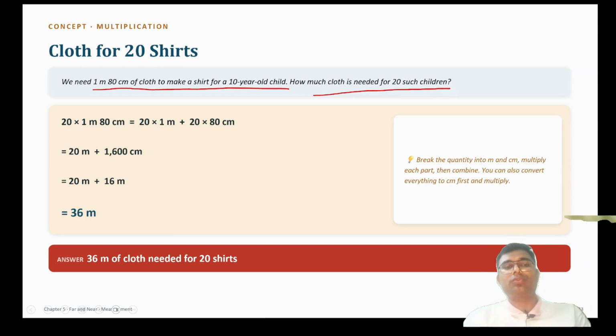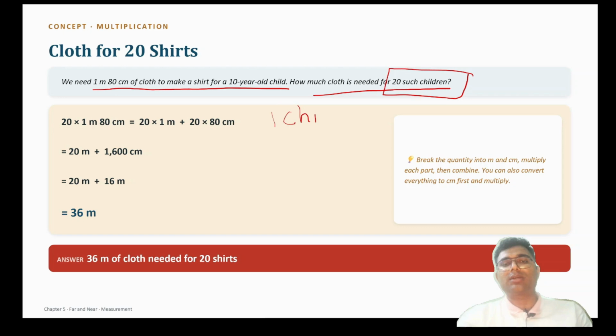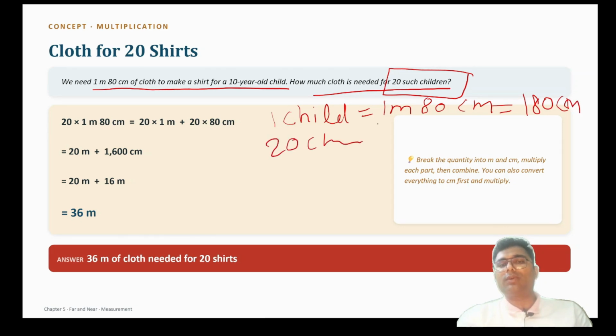So bachcho, to solve this, we have to find the cloth needed for 20 children to make the shirt, and for one child's shirt we need 1 meter and 80 centimeter long cloth. So what you will do, you will first change this total into centimeter. So it is 180 centimeter, we have to find for 20 children. So if we know the value of 1, we have to find more.